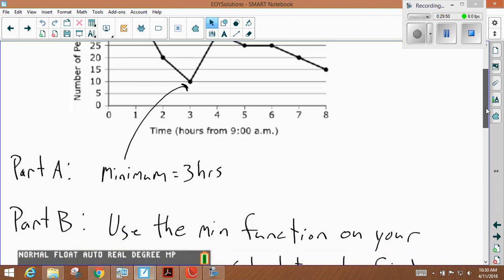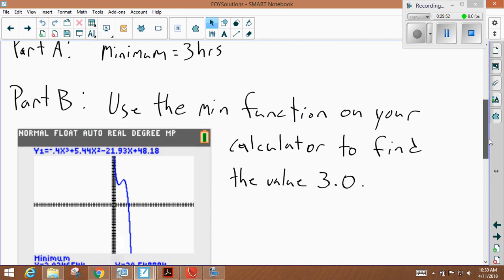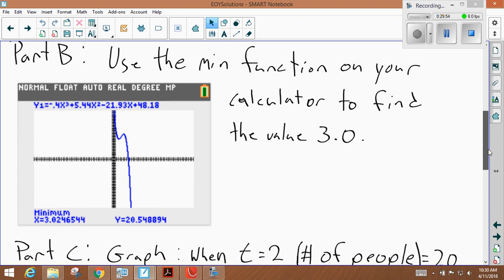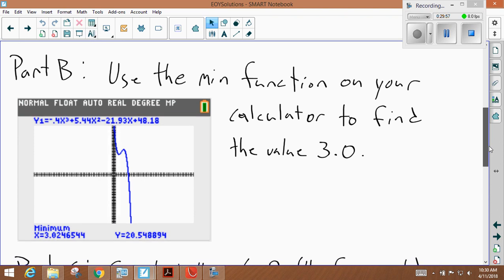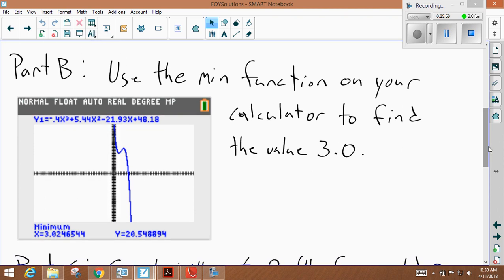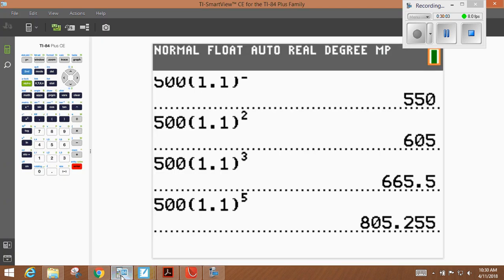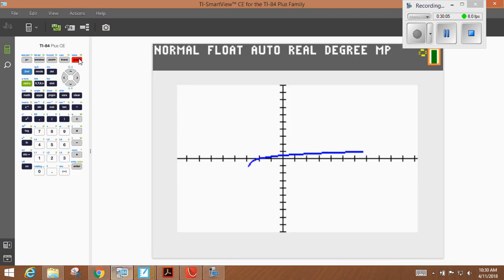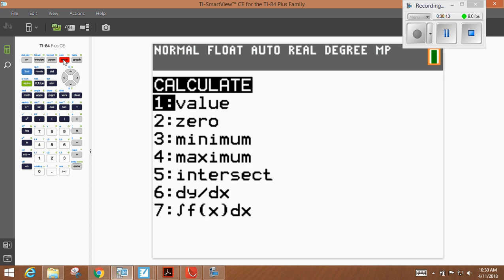All right. So part A. We're going to use the min function on our calculator to find the value. Where is that minimum? If you have a graph, you are going to go to your calculator. This one's not going to have a minimum, darn it. But you hit second calc, and you choose minimum.